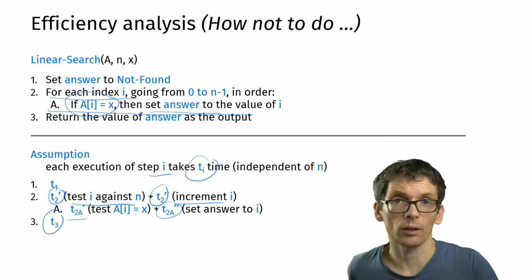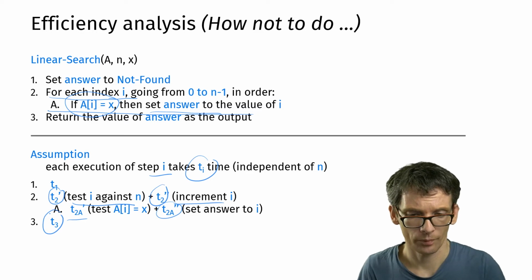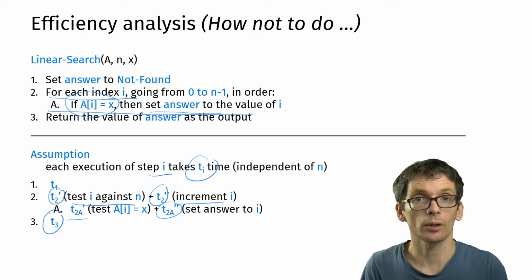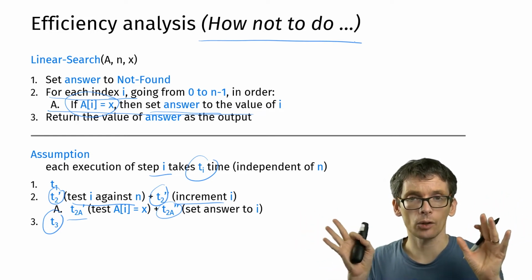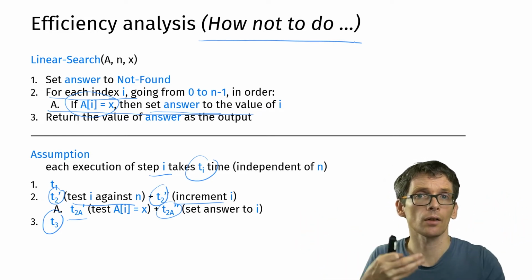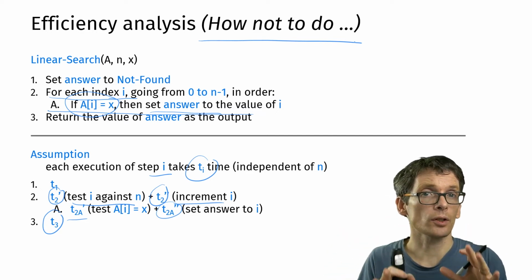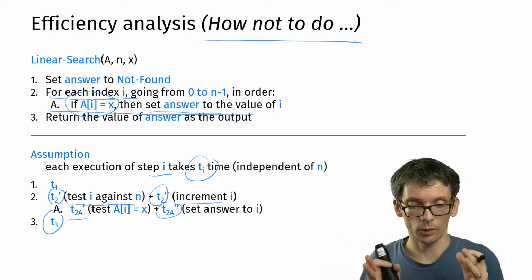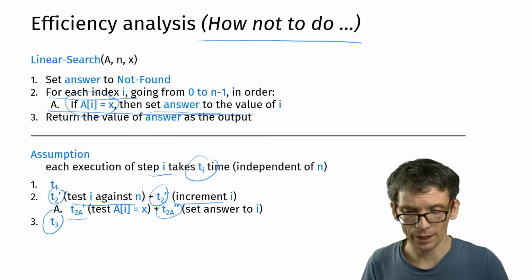And returning also takes some elementary operation. This already looks quite complicated. Let me also point out that my slide says how not to do efficiency analysis. This is how you might do it from scratch, but we're going to see a much simpler and more elegant way to do this analysis without all of these t's. But this is just to get started.